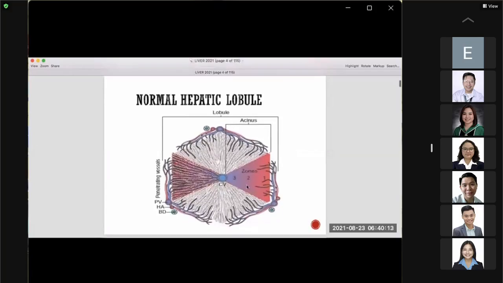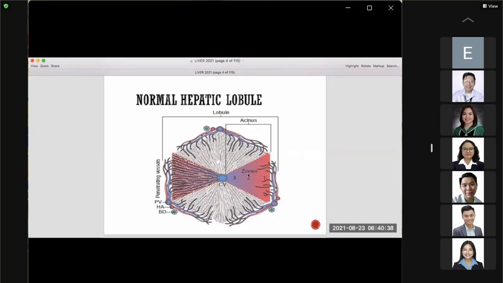Looking at a single hepatic lobule, this is a schematic diagram of a normal hepatic lobule. The central area is occupied by the central vein, and then radiating from it are the three zones. We have zone 1, which is nearest the blood supply.